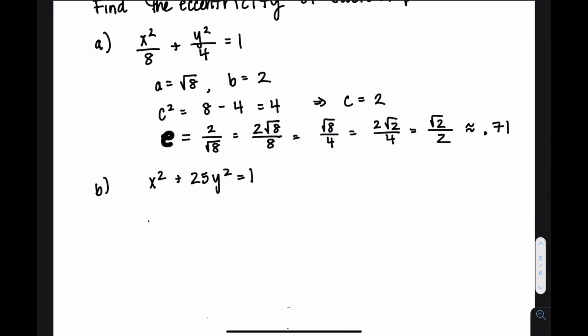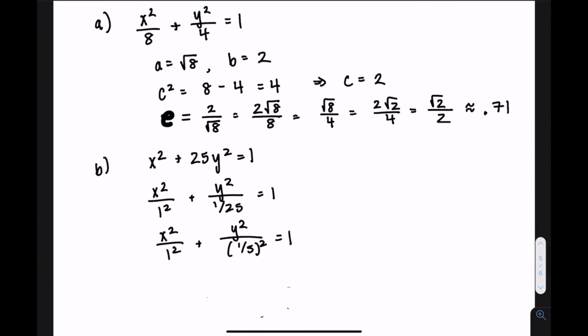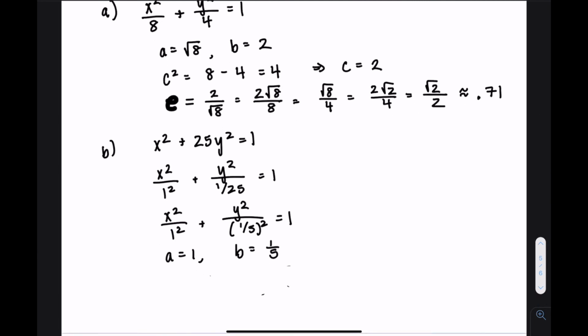So let's do one more. Let's look at x squared plus 25y squared equals 1. So this isn't really in standard form yet, so I've got to rewrite it. To bring that 25 in the denominator, you write it as 1 over 25. So that's x squared over 1 squared plus y squared over (1/5) squared. So the larger quantity is actually underneath x. So a is equal to 1, b is equal to 1/5.